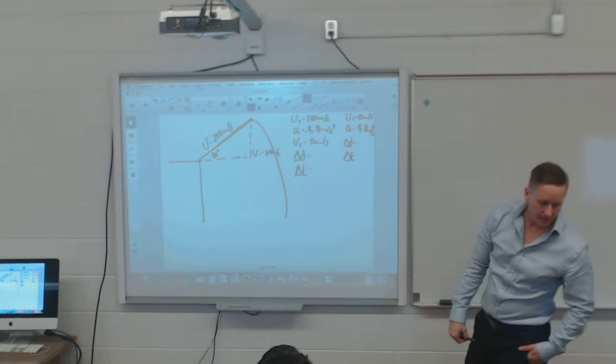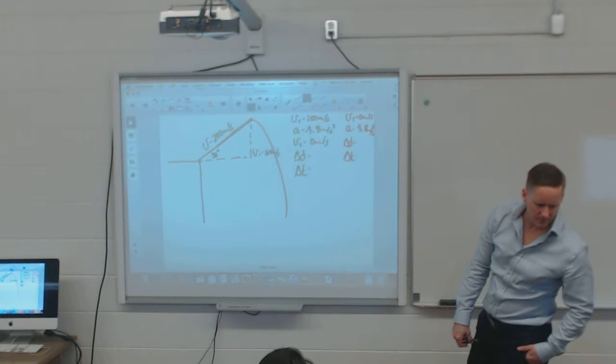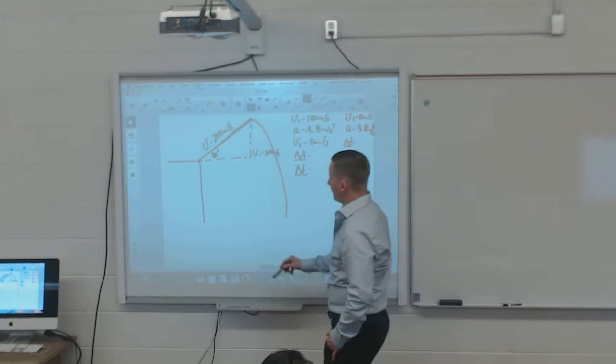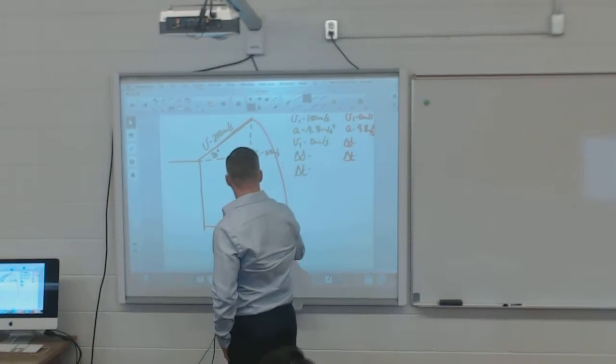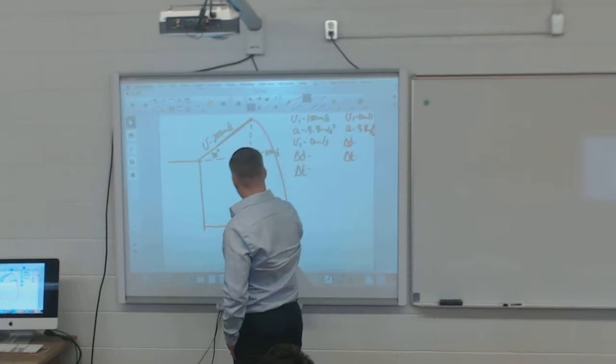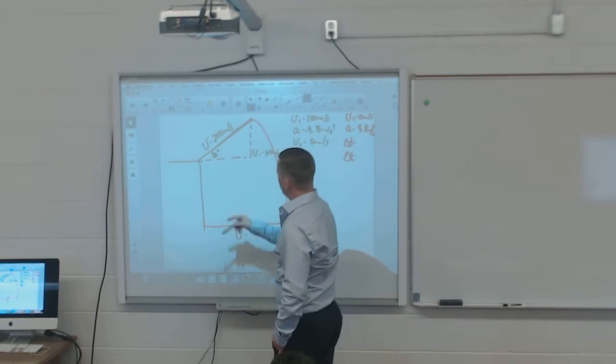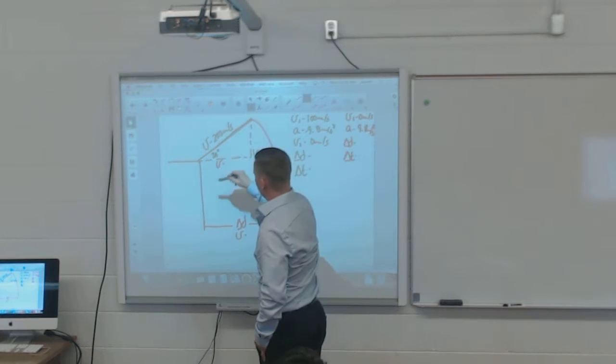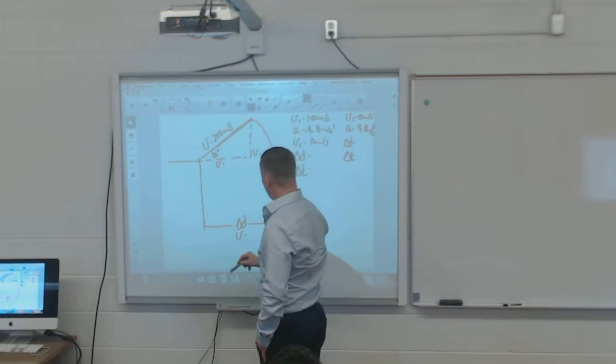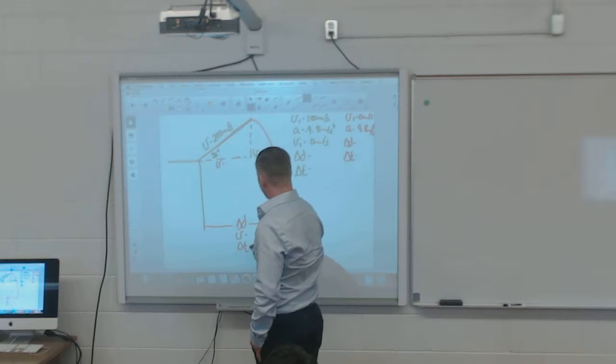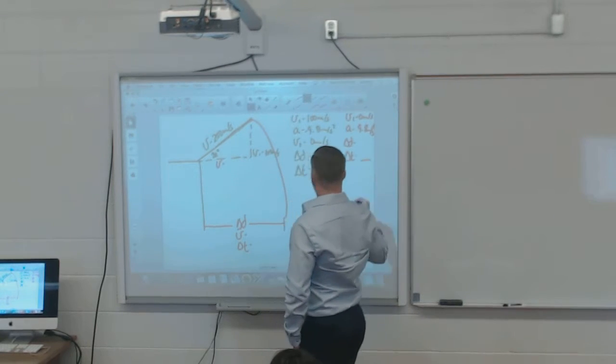The question wants to find out how far this is. My velocity is whatever this is, and the time it takes to hit the ground is this added to that.